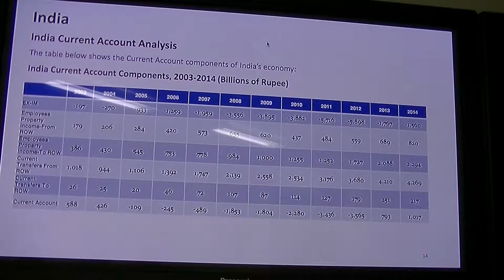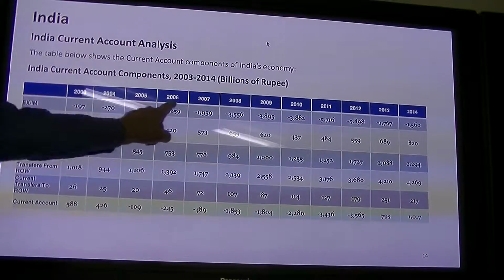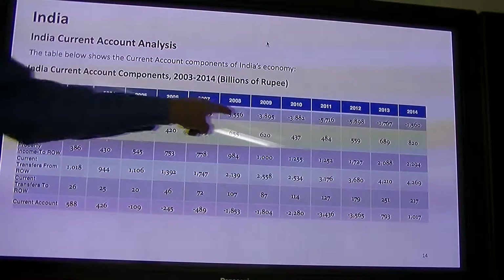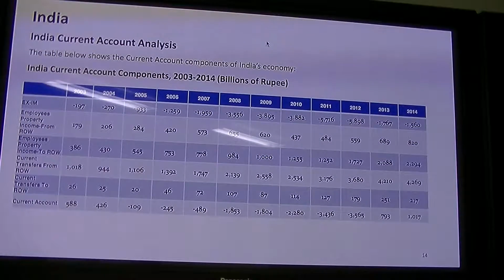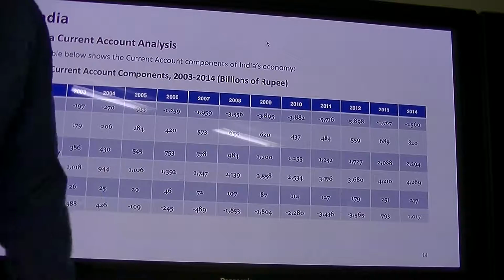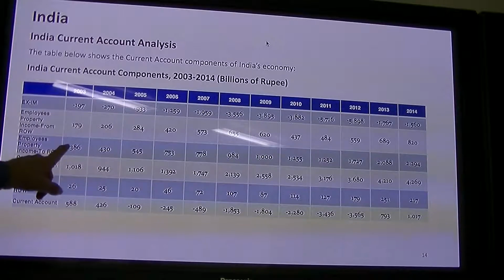So now I want to look at the current account components. Of course, we start by putting in these figures here, and everything is in billions of Indian rupees.